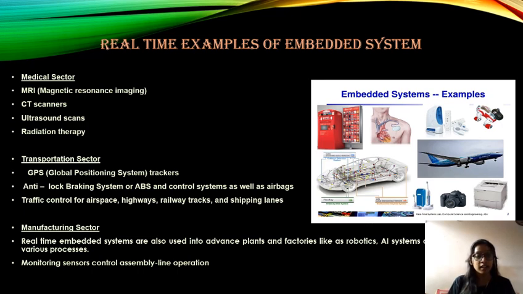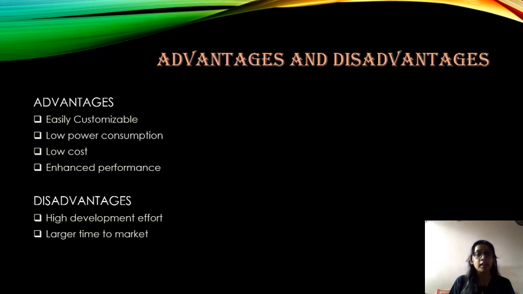Manufacturing sector: real-time embedded systems are also used in advanced plants and factories, like robotics. An AI system has various process monitoring sensors that control assembly line operation.